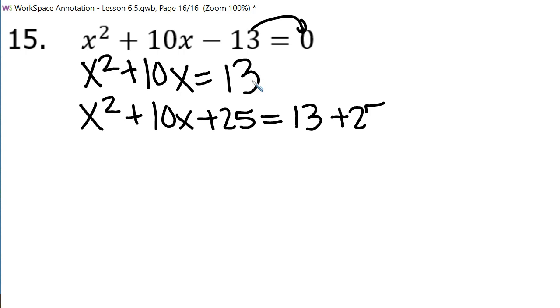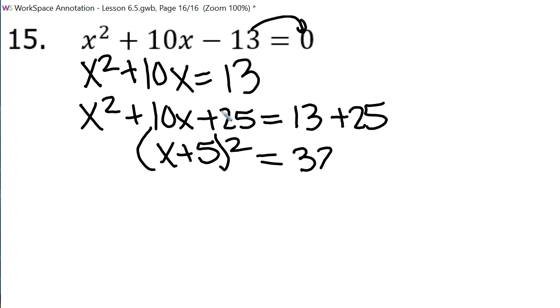What do I do next? Yes, back to the perfect square trinomial. So inside the parentheses should be x plus 5 squared. And what's 13 plus 25? 38. And the opposite of squaring would be?